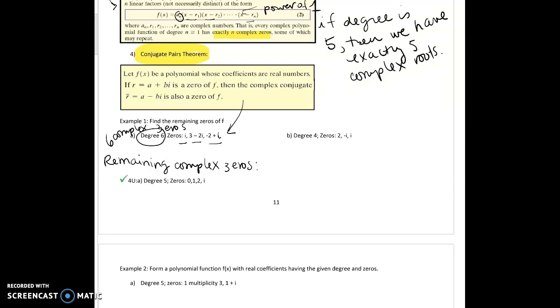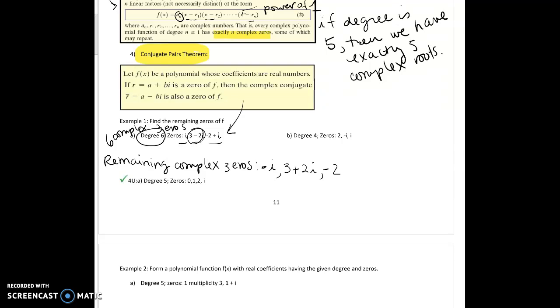The conjugate pairs theorem says, hey, if there is an i, then there has to be a negative i. If there is a 3 minus 2i, then the conjugate is 3 plus 2i. If there is a negative 2 plus i as one of the complex roots, then the conjugate, you don't change the front, by the way.